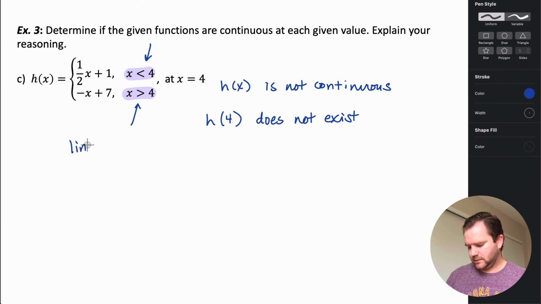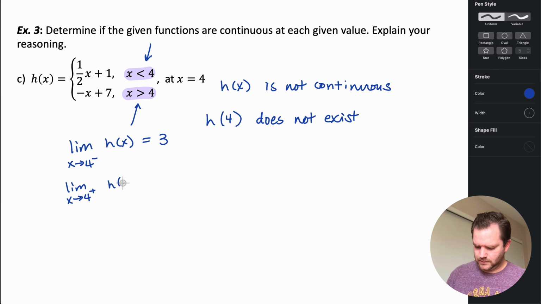So the limit of h of x as x approaches 4 from the left was 3, and that is also the limit as x approaches 4 from the right. So they have the same limit from the left and right, which means the limit does exist at 4. But because h is not defined at 4, we know that it's not continuous. So we didn't even have to evaluate the limits here to talk about the continuity.